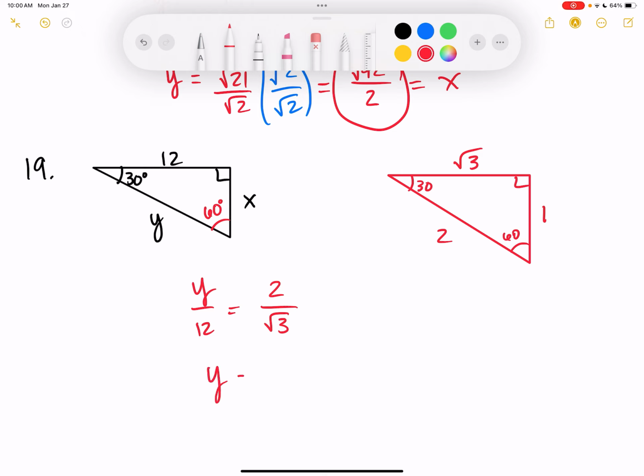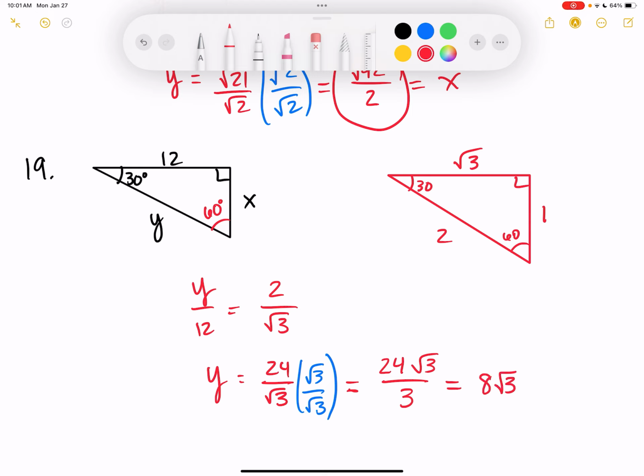So y equals 24 over the square root of 3. And then, like you said, I can't leave it like that. I have to multiply by root 3 over root 3. That gives 24 root 3 over 3, which reduces to 8 root 3.